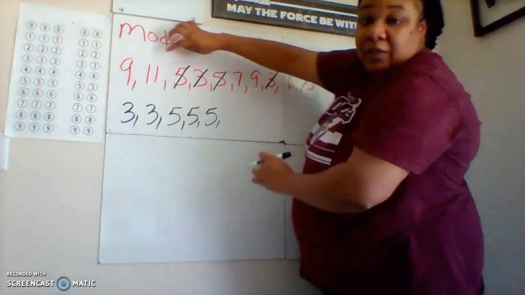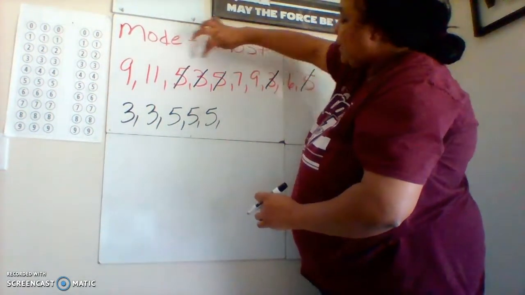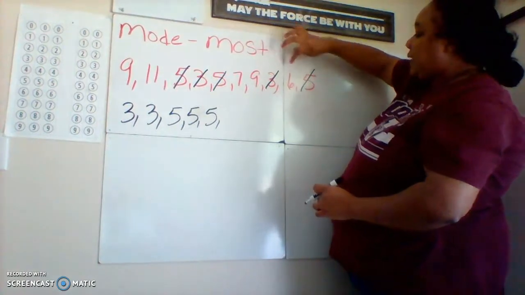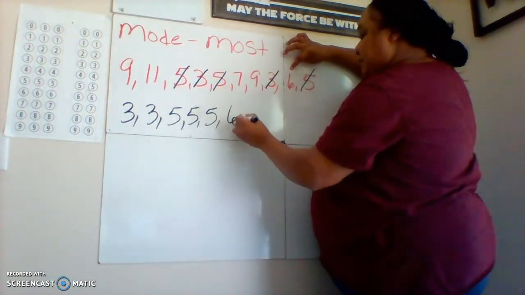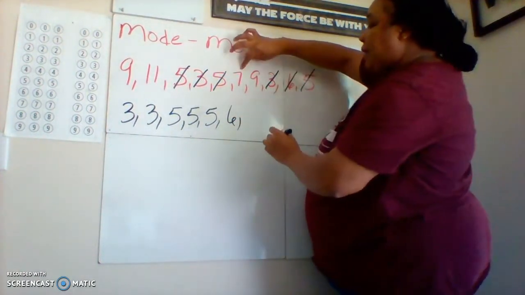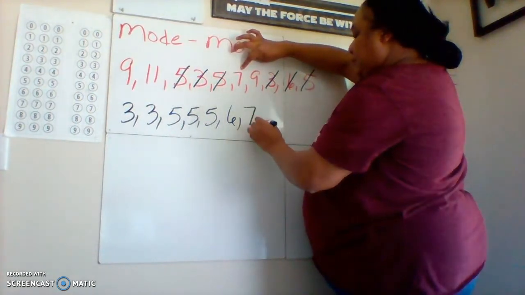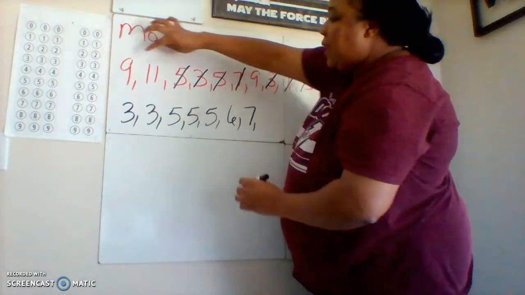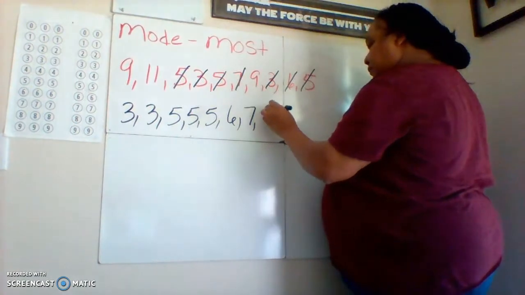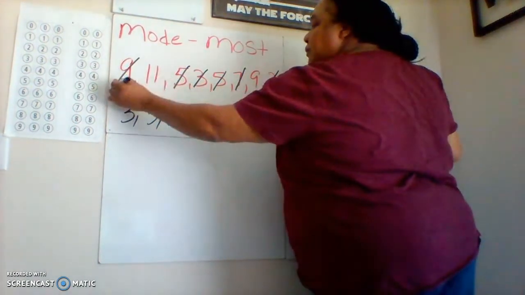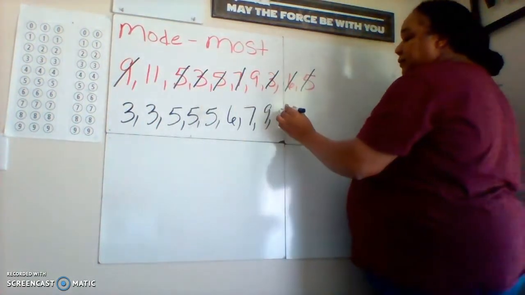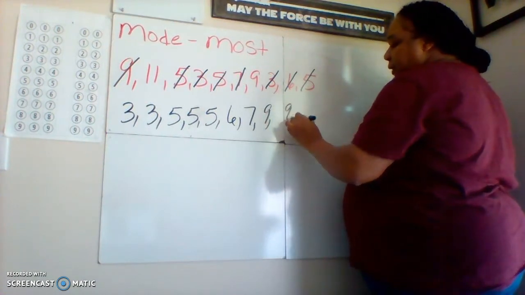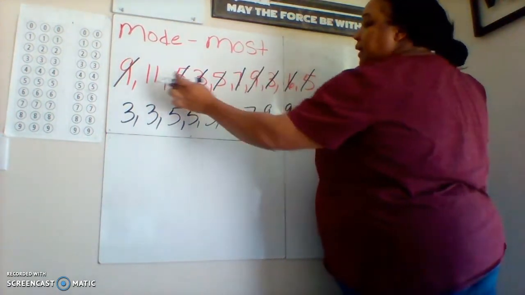Okay, we're coming along. I have a 6, 7, 9. I have a 7. I have a 9. I have another 9. Put it right here. And I have an 11.